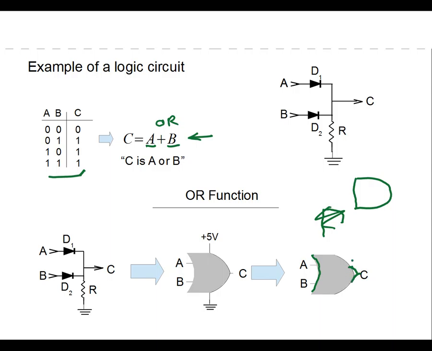So we have to be careful on interpreting these to make sure we understand the symbology. But this is an OR function, okay? So we can actually talk about AND functions and OR functions. We talk about inverters. We can actually now have some understanding of the kind of circuitry necessary to make this happen. And by the way, nobody uses diode logic except for some of the most ridiculously simple problems. But this was just posed as a way of understanding how these things could be built.